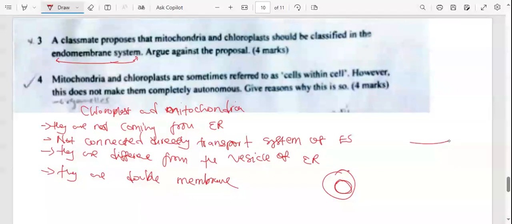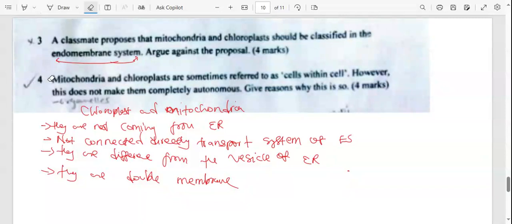It's more like we have a plant cell, then there are the chloroplasts and everything like that. So these ones are independent. They also have their own structure. But I just mean that they are double membrane. I'm not saying cell. So that is it.